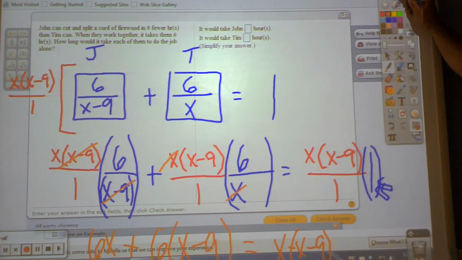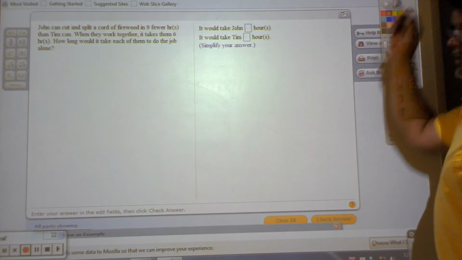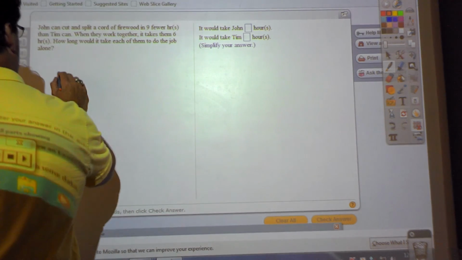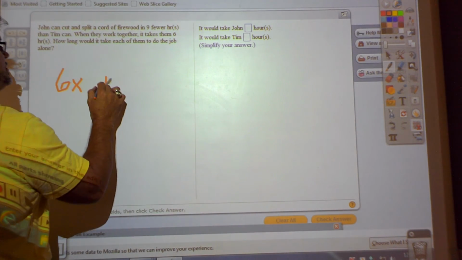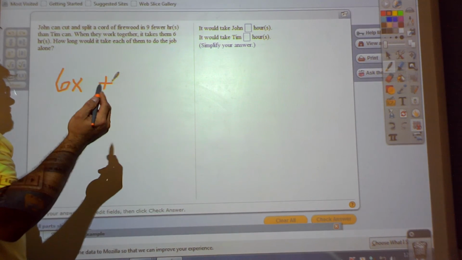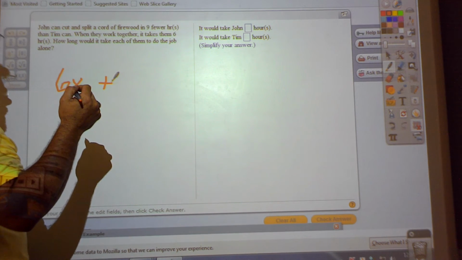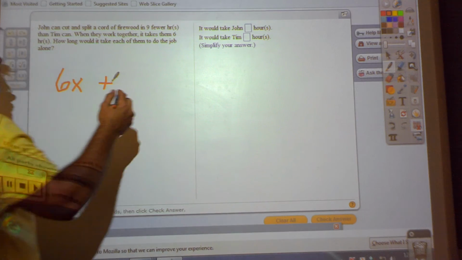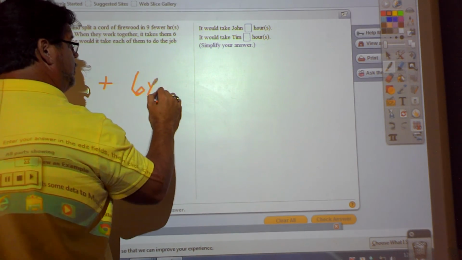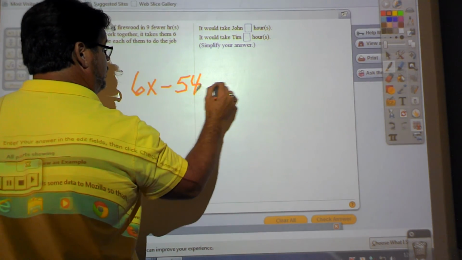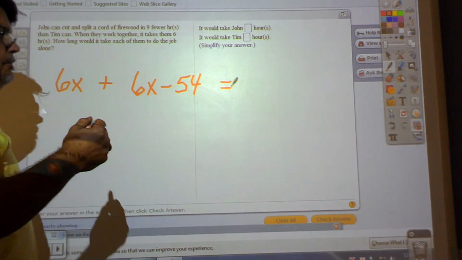So 6x, okay, 6x plus, what would that be, 6x? I don't know what it was. 6x minus 54 is equal to what?